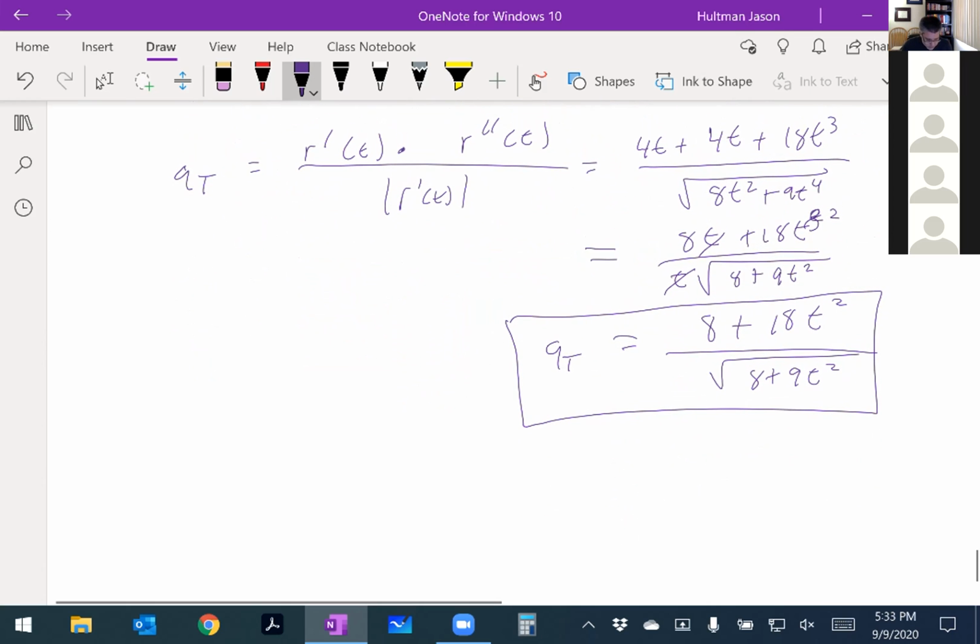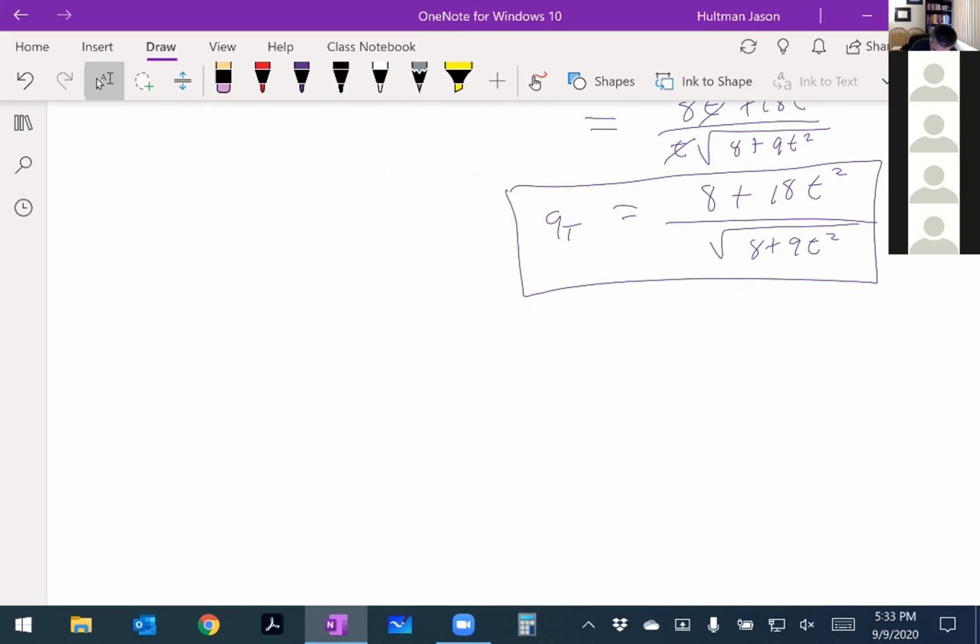Okay, what about the other one here? Okay, so a sub N is equal to the cross product. So we're going to have to do the cross product. Okay, so a sub N is equal to the magnitude of r prime t cross r double prime t over the magnitude of r prime of t.